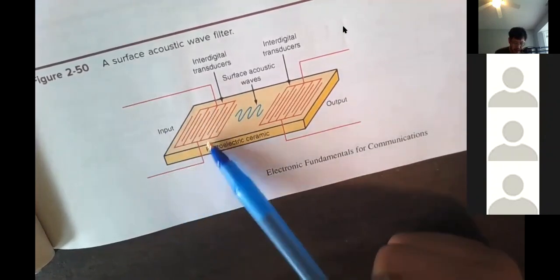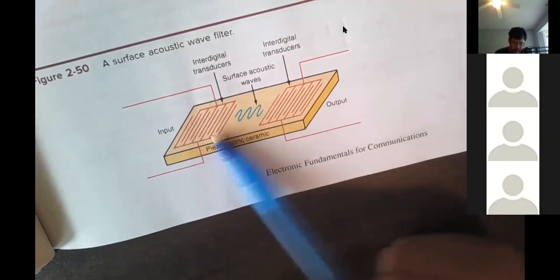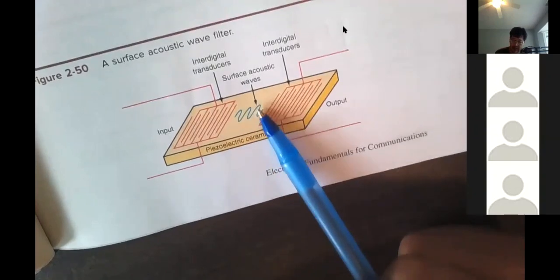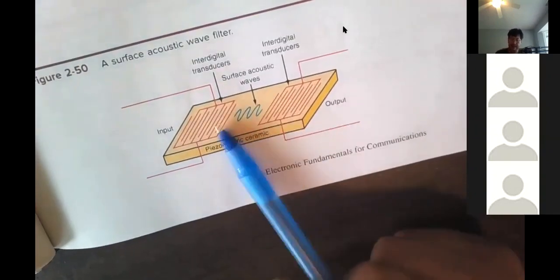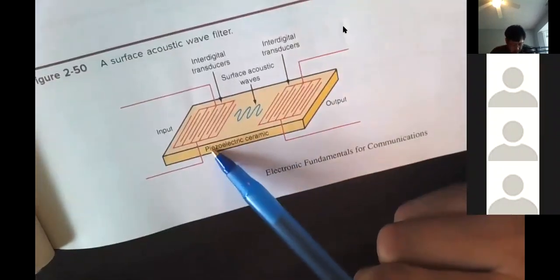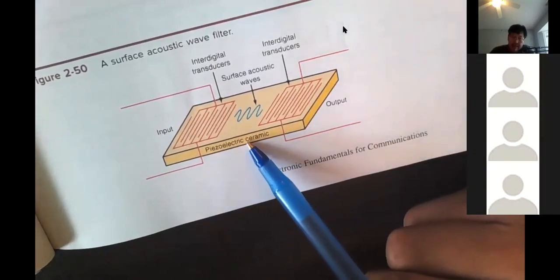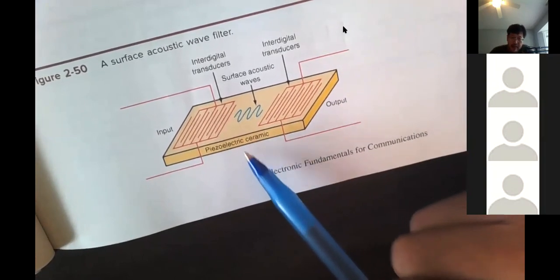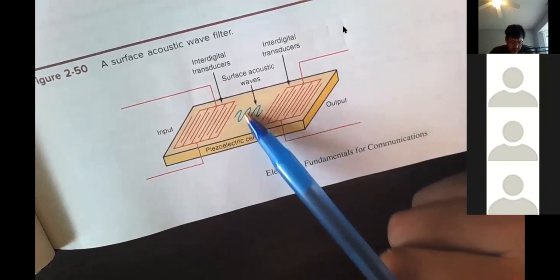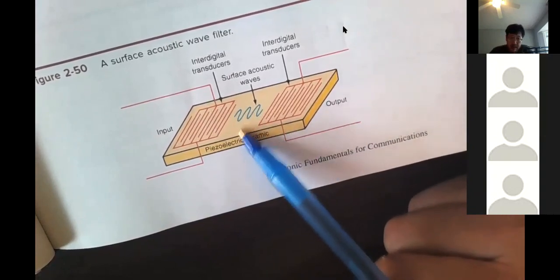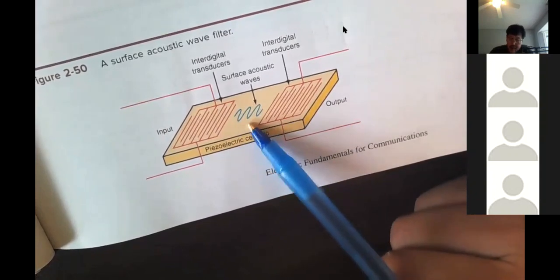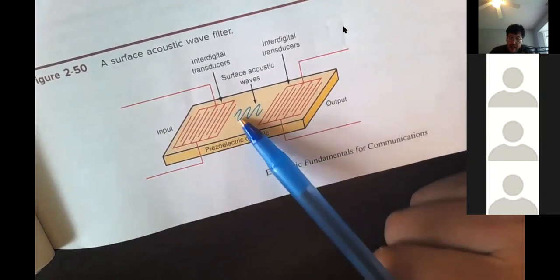Electrical input is converted to mechanical vibrations, thousands, tens of thousands, or hundreds of thousands of hertz. It turns out this ceramic base is very selective. The physical dimension of the ceramic material determines which frequency can pass through.